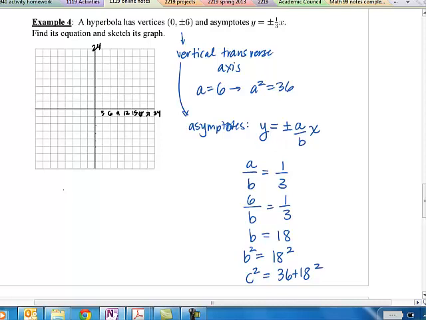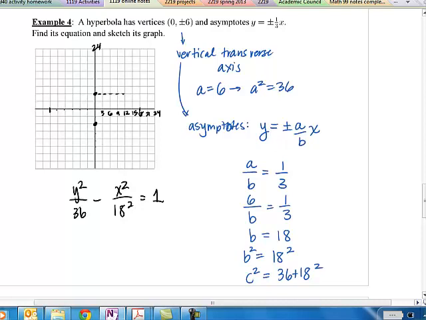So we've got the equation would be y squared first over a squared, which is 36, minus x squared over b squared equals 1. So on the y-axis, our vertices 0, 6 and 0, -6. And to sketch the asymptotes, we need to use b in the x-axis direction is 18. That way.